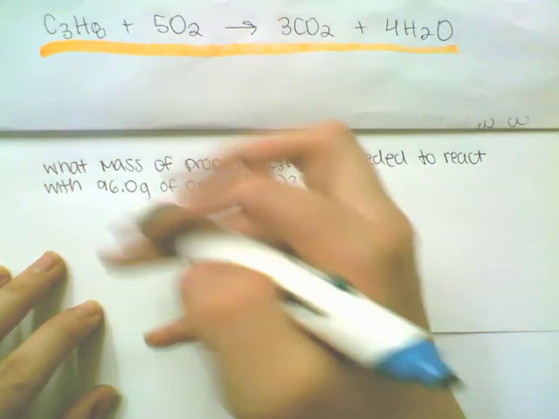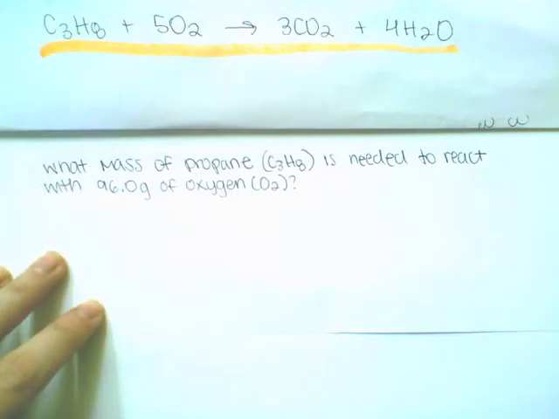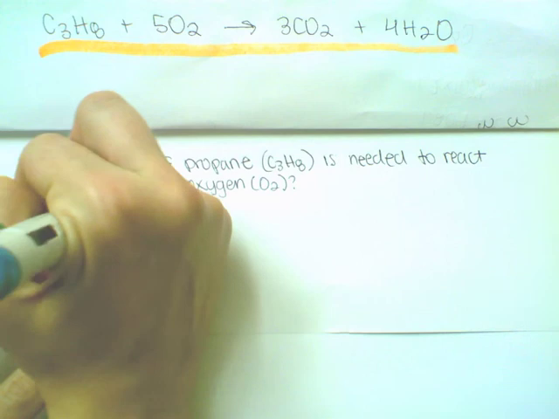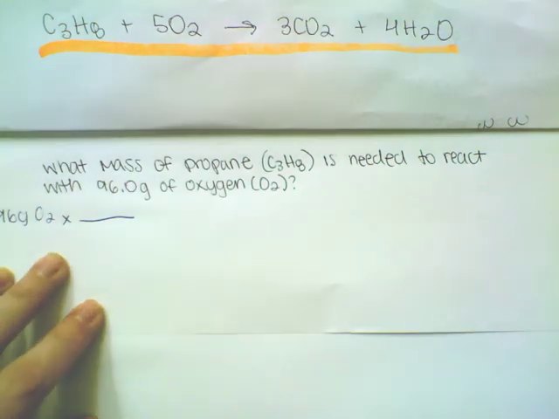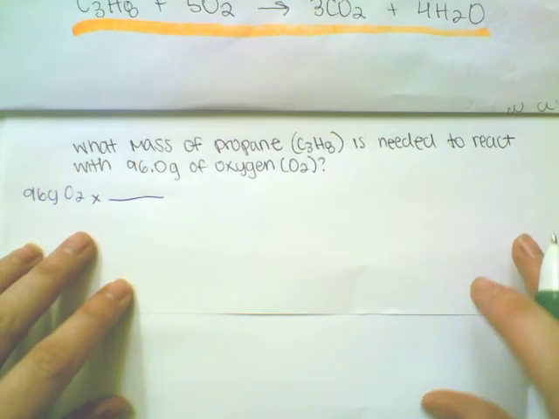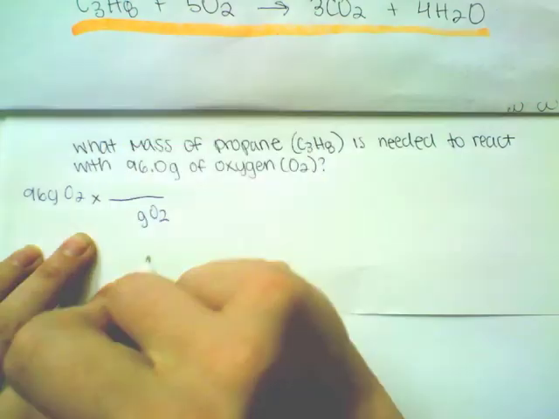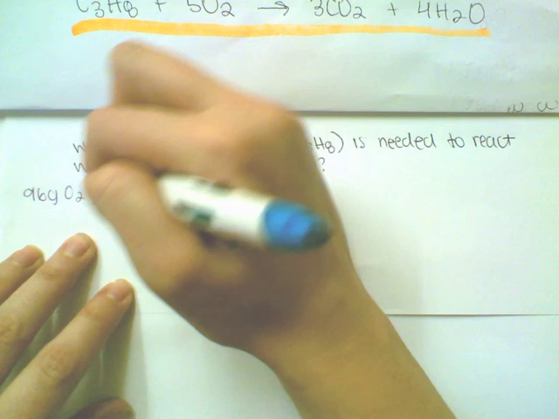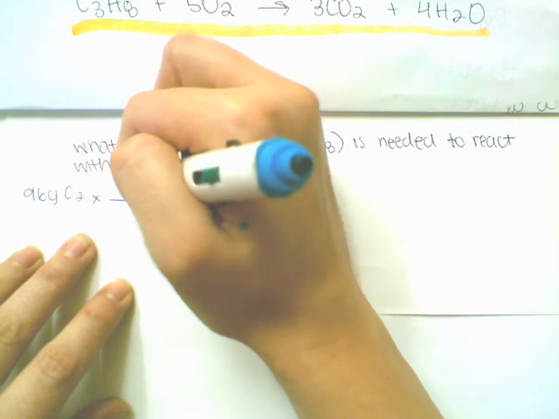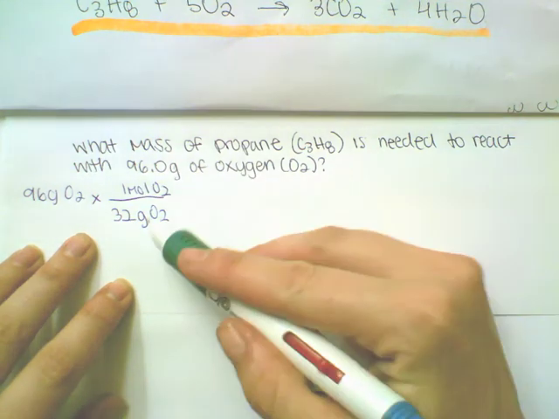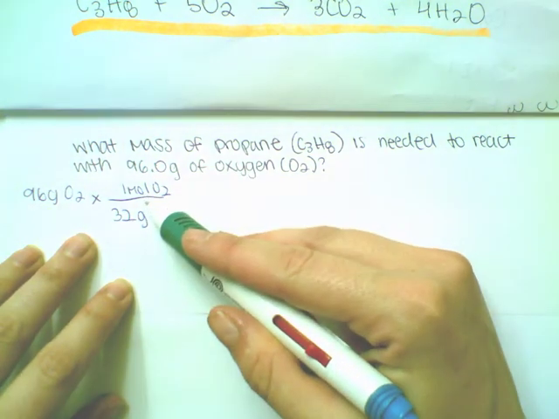So I'm starting with 96 grams of oxygen. Remember, whatever unit we have on the top goes on the bottom of the next step. So grams of oxygen. We know from the last problem that the molar mass of oxygen is 32. Another thing to keep in mind, when you're using molar mass, this is the grams in 1 mole.